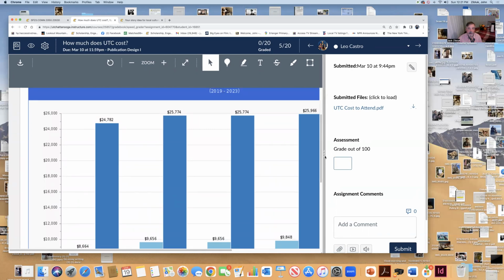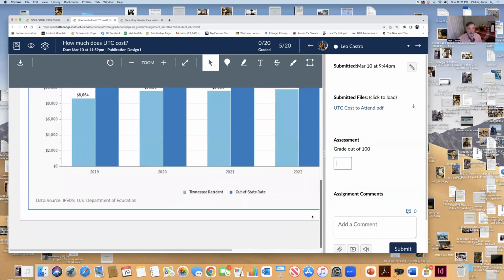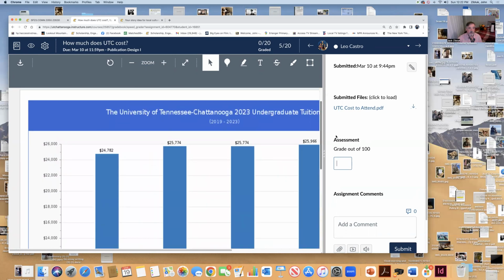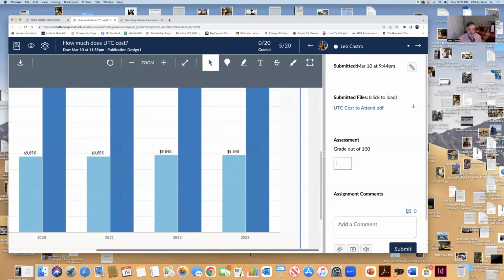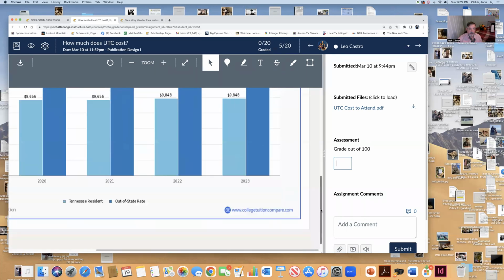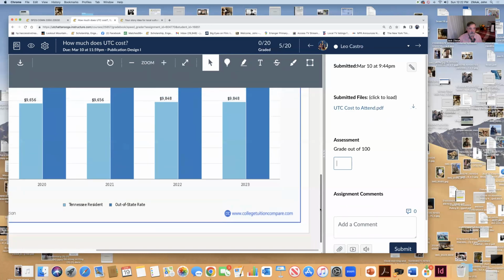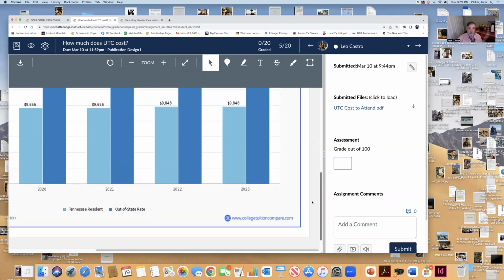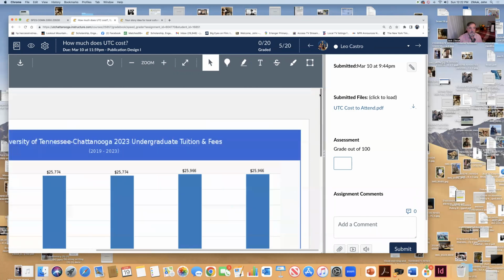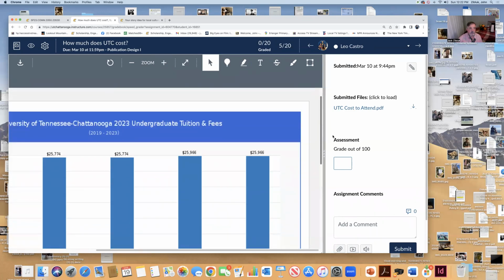And I guess that's, what do the different bars mean? I assume that's in-state and out-of-state. Here it is, in-state and out-of-state. Okay, you did it. Nope, that's pretty good.